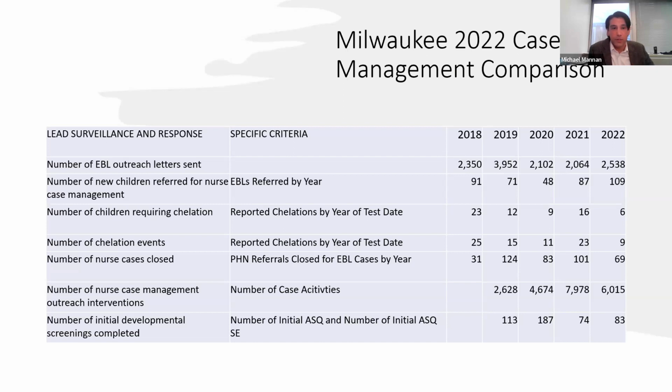And those interventions are everything from phone calls to lead risk assessors, phone calls to hospital systems, phone calls to the families, and then the home case management visits, which would also include telephone visits that were happening during that time period. So one of the trends that we can see is even though we had COVID, we never shut down. We still, in fact, increased the workload that we were doing with our nurses between 2019 to 2022. If we go to the next slide.